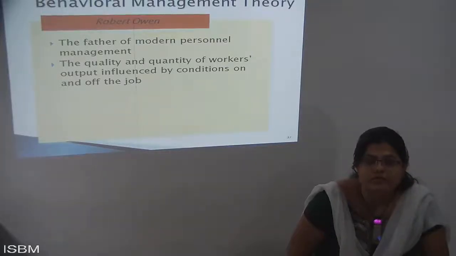As you interact with people, you show good quality and quantity, and you develop good conditions in the organization, whether you are on the job or off the job.